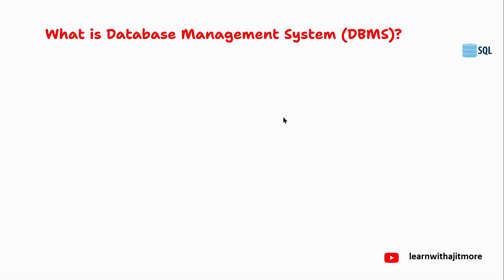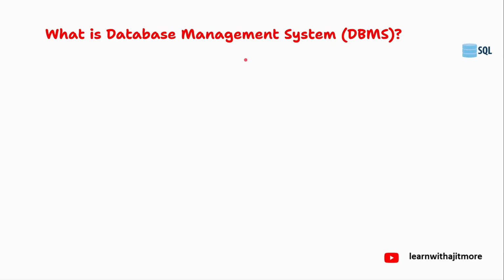Then today, one more important terminology we'll see to wind up today's session. Very, very important term. That is what is database management system. Okay. So you can say it's an application software. It's a software made by different companies. There are different companies in the market who have made such softwares.